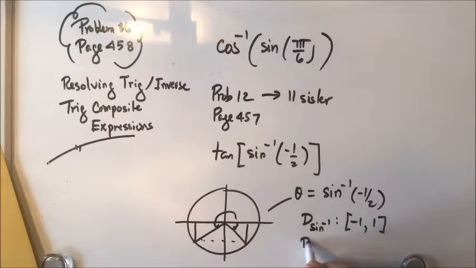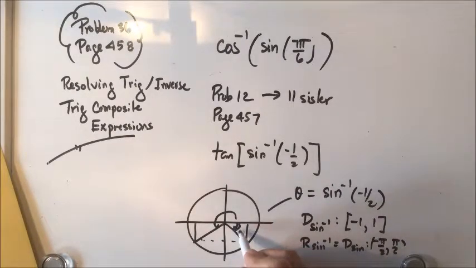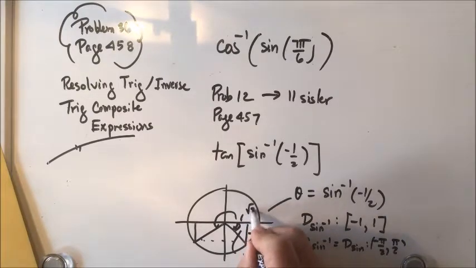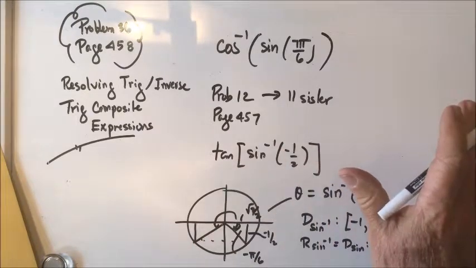But the range of the arc sine is the restricted domain of the sine, which is minus pi over 2 to pi over 2. So we really need to pick this angle right here, which is minus pi over 6, minus 30 degrees. That turns out to give minus 1/2. This is root 3 over 2, and we're off and running on the problem.